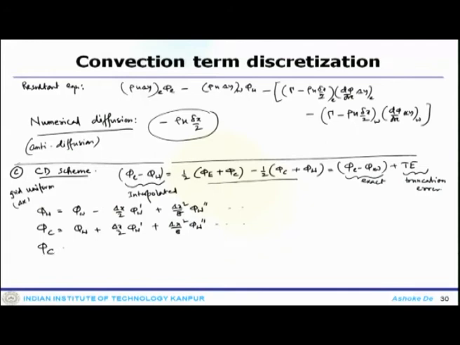Phi c again can be represented as phi e minus del x by 2 phi e prime plus del x square by 2 phi e double prime.